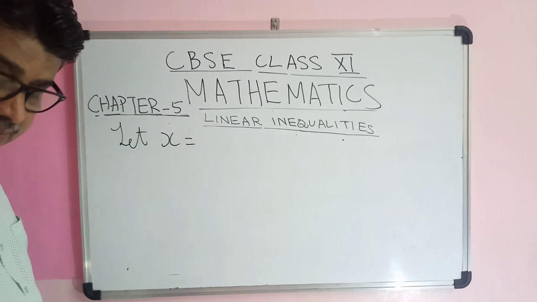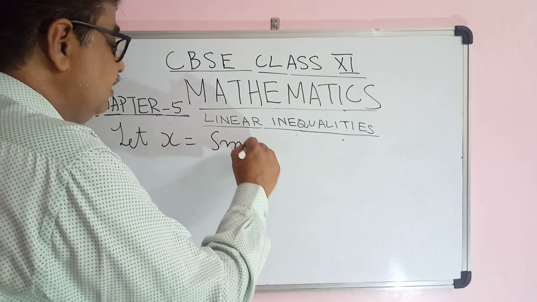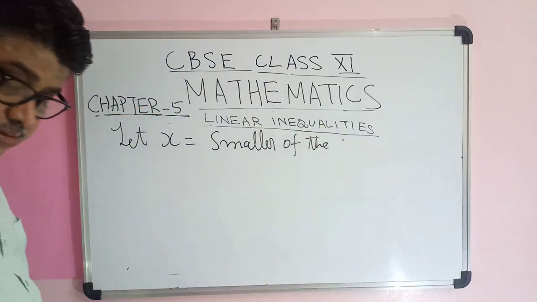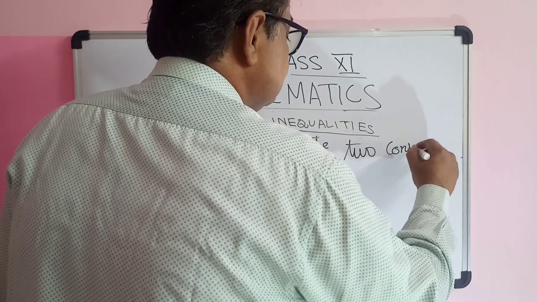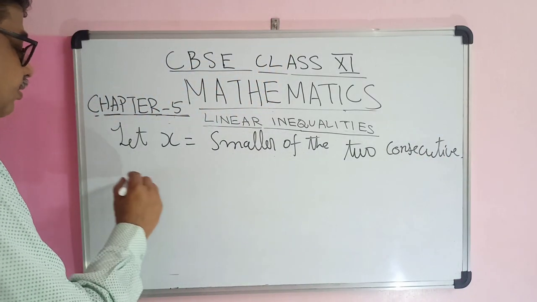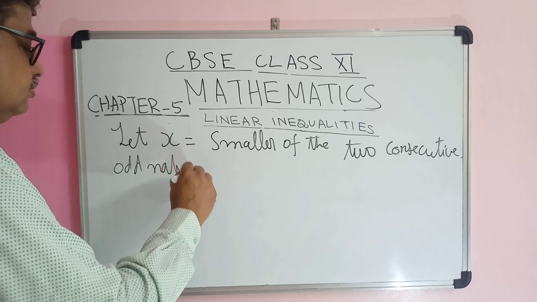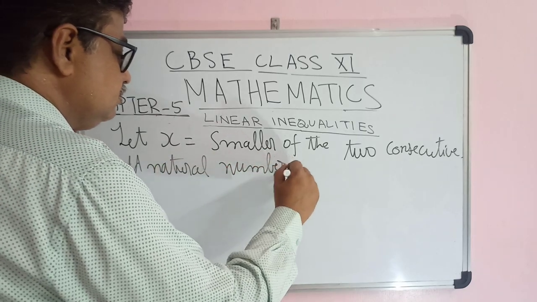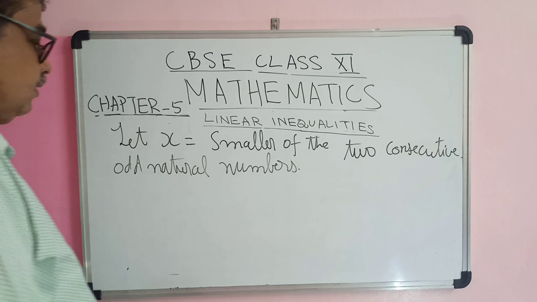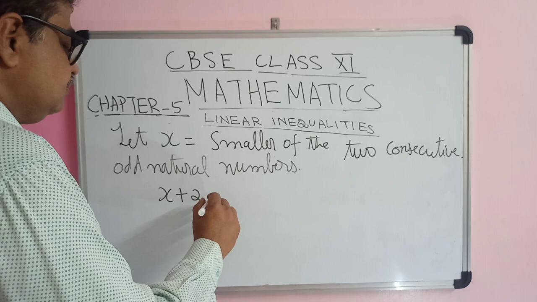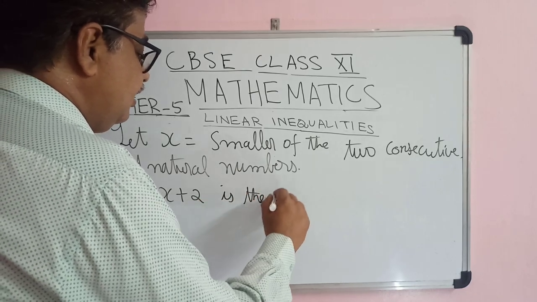Let x equal the smaller of the two consecutive odd natural numbers. x plus 2 is the other number.